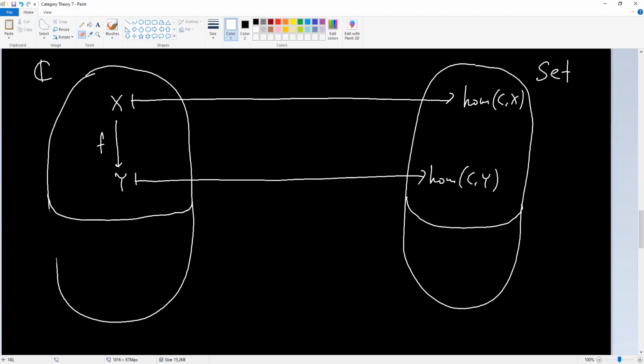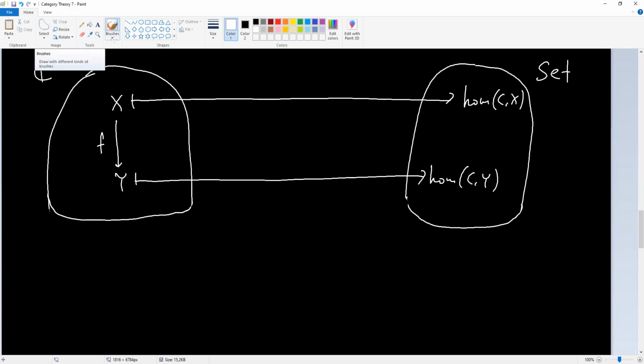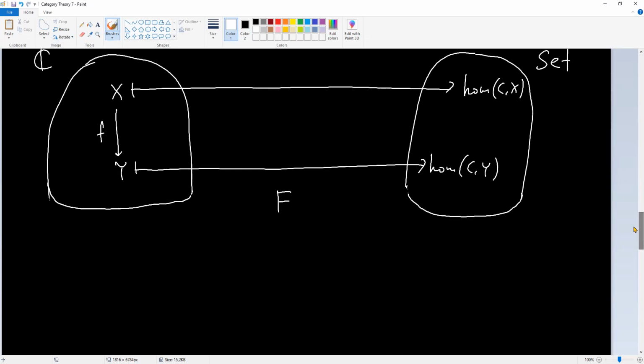If I now represent this functor that I said I would call it later, such a thing is called a functor when you have a way to transport between categories that is compatible with composition and identity morphisms. So let's call this capital F. What does capital F do in our case?